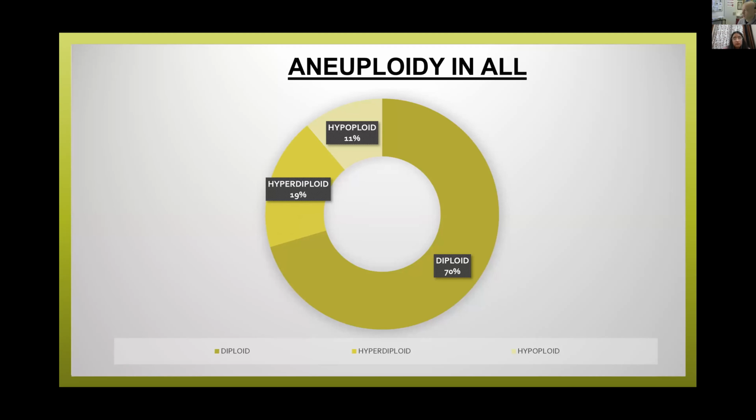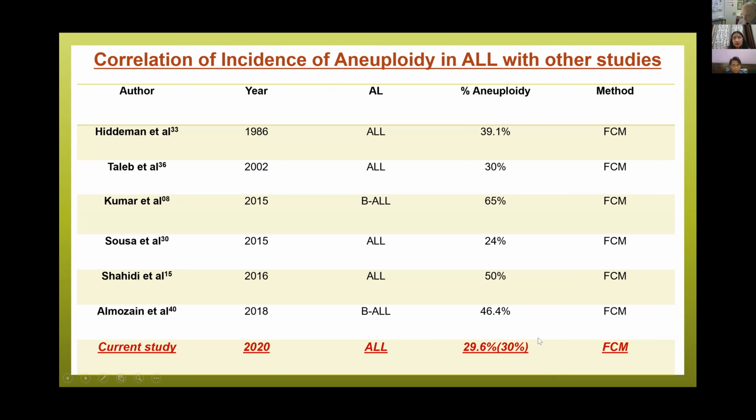When I correlated the incidence of aneuploidy with other studies in my region and other regions, I found that my incidence of 30% was almost equal to Taleb et al. They also reported 30%, but there were other studies where the incidence was touching up to 50%. This was because they had selectively taken the B lineage ALL population and mostly the pediatric population.